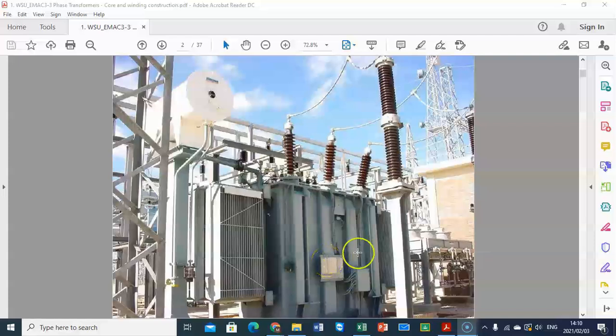Then we need a secondary coolant to cool the primary coolant, which is the oil, and as a result we have the radiators to cool down the oil and eventually to cool down the transformer.